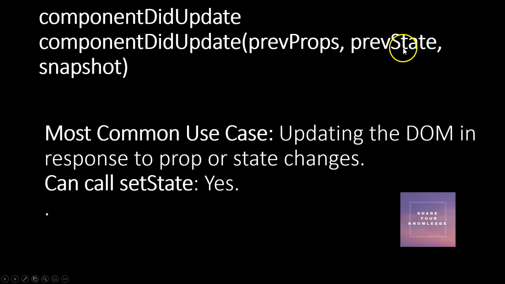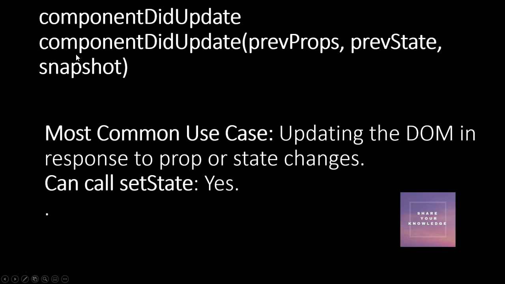Here you will receive the previous properties and previous state. It will also receive the snapshot, which can be used for updating the DOM in response to the property or state changes. The snapshot is nothing but the changed DOM.